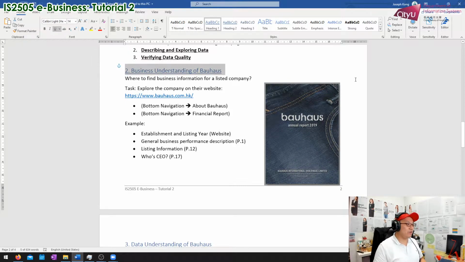First thing, we try to understand this company. The company that you will be working on to spot business problems and come up with creative solutions is Bauhaus. Sadly, in the previous two semesters, we had social instability and also the pandemic, so I could not arrange for the best teams to go to the headquarters of Bauhaus and visit the CEO to present their ideas.